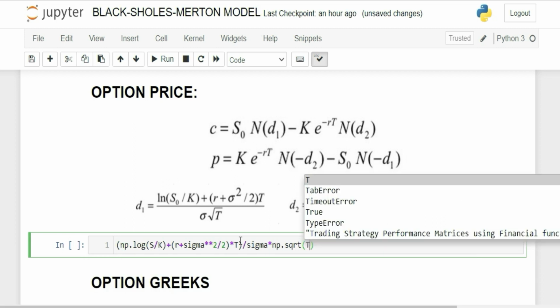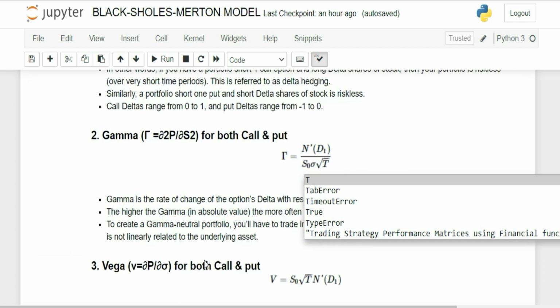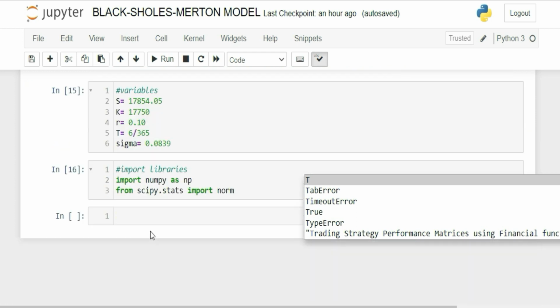So this is your d1. Let's recheck again: np.log(S by K) plus (r plus sigma square by 2) into t, divided by sigma into np.sqrt of t. So this is your d1. So let's put it here.